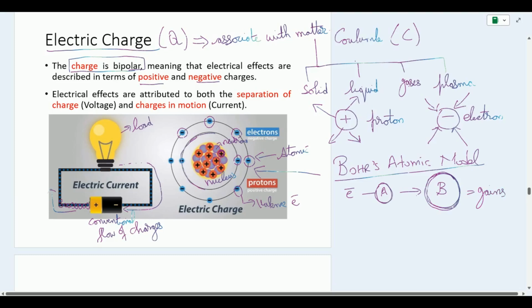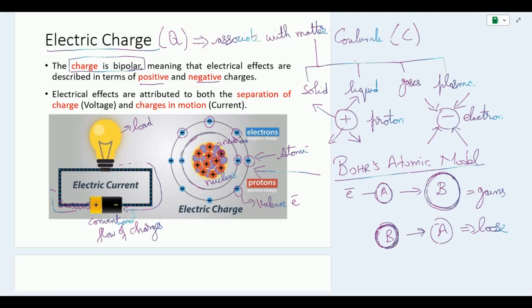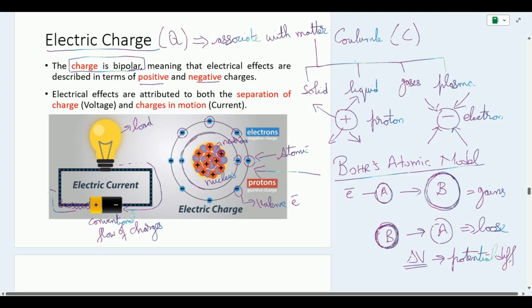And if it moves back from B to A, it is going to lose energy. Further analysis of this concept led us to believe that we have some kind of a difference of energy between them, which we call voltage difference, or you might have heard of it as potential difference. So this difference generates what we call a voltage.